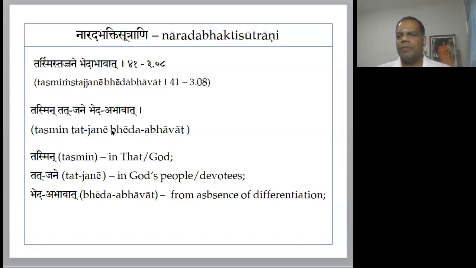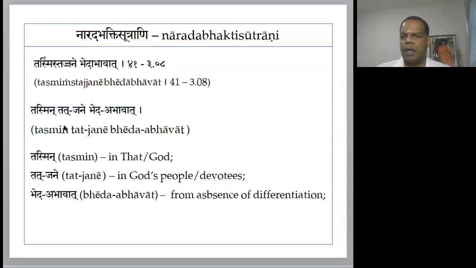We will look at the sandhi split. The first word is made of two words, tasmin and tajjane. But tajjane is a samasa, with two distinct words, which are tat and jane. So we'll first look at the first sandhi, between the in and ta. It's tasmin tat.